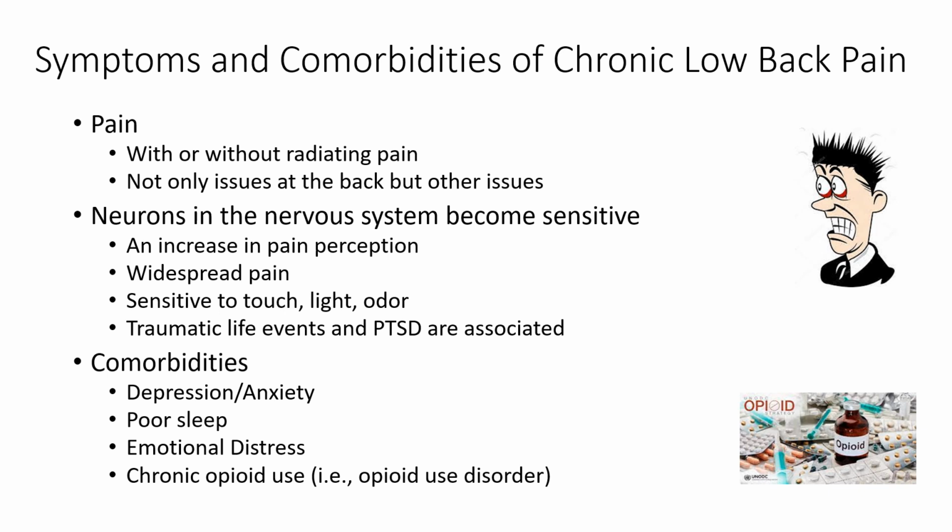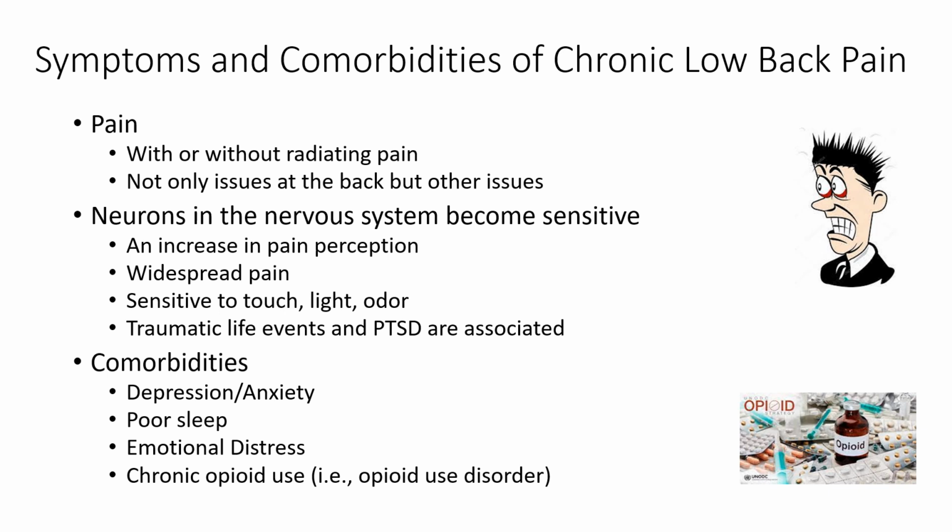The cause of chronic low back pain can be not only tissue damage or inflammation at the back, but also other issues. These can include changes in neurons in the nervous system that become sensitive, which lead to an increase in pain perception.